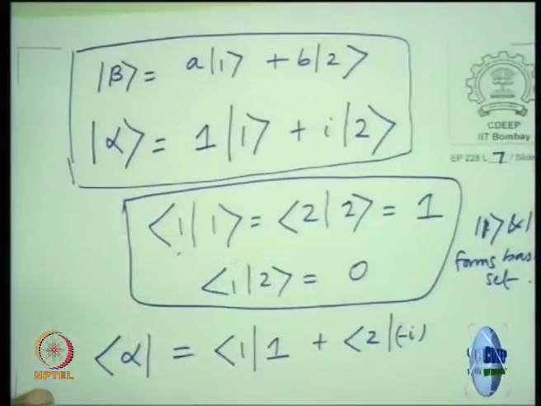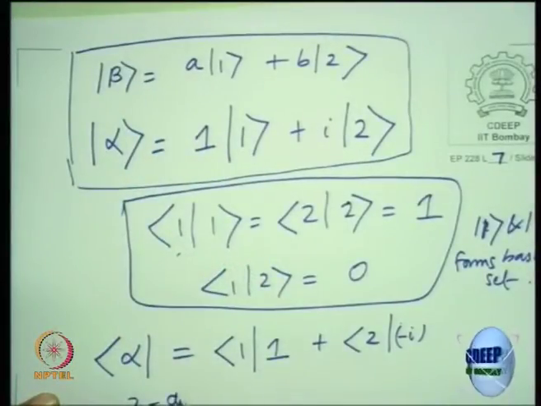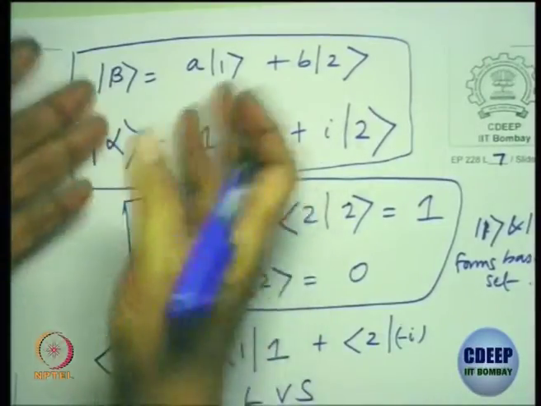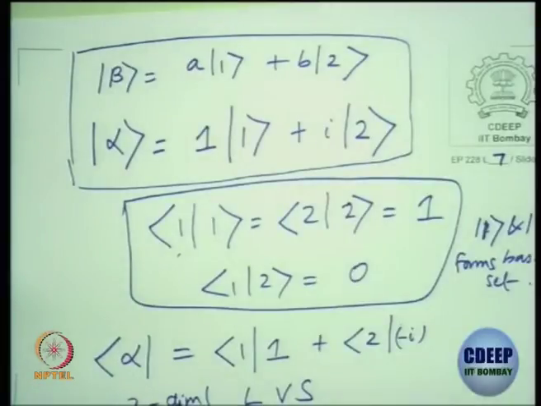Dimensionality of the vector space is the number of states in the basis set. So this will define for you a 2-dimensional linear vector space. It could be complex because a and b in principle could be complex coefficients.